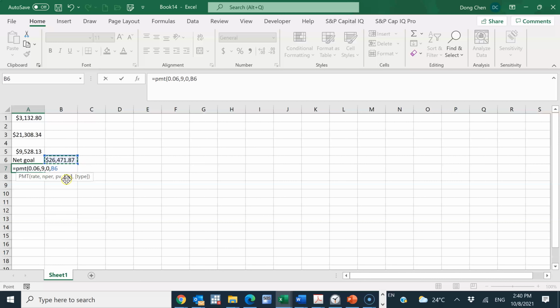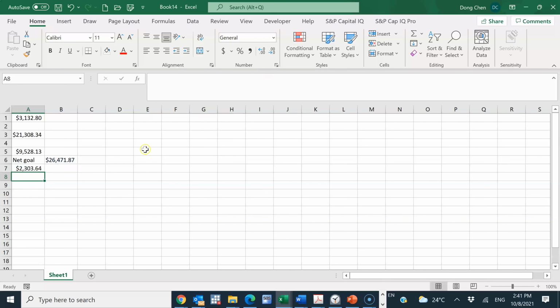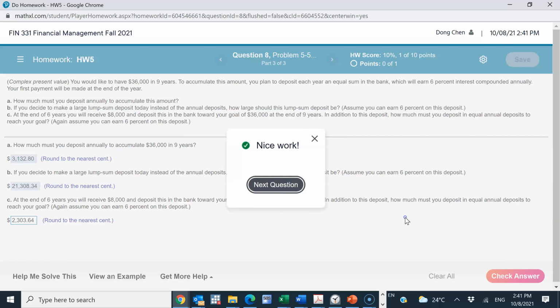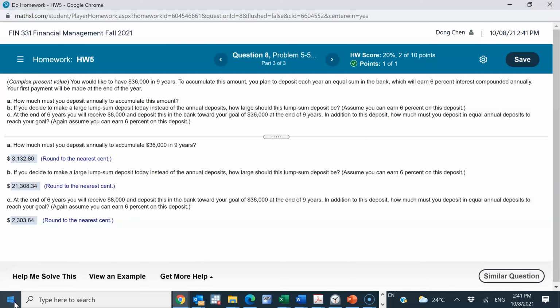So that's the future value. And again, because I want to get a positive value for the annuity payment, I added a negative sign in front of this net goal amount and close that. And now I can just copy this number back to my lab and get rid of this dollar sign. Again, you can see I followed this rounding requirement, round to the nearest cent, right? Okay, so that's done for this question.